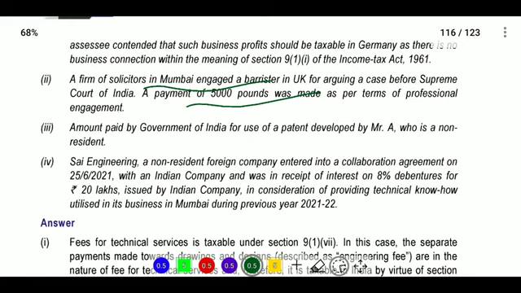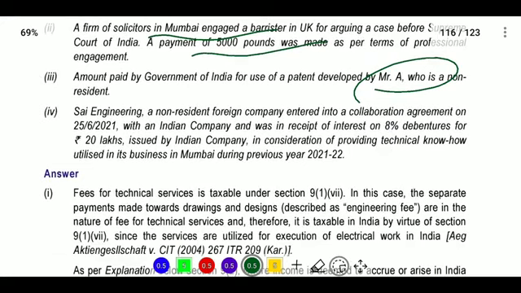So it will be taxable in India in the hands of Mr. A. Next, Sai Engineering, a non-resident foreign company, entered into a collaborative agreement on 25/6/2021 with an Indian company and was in receipt of interest at 8% on debentures for 20 lakhs issued by the Indian company in consideration of providing technical know-how utilized in its business in Mumbai during the previous year 21-22.